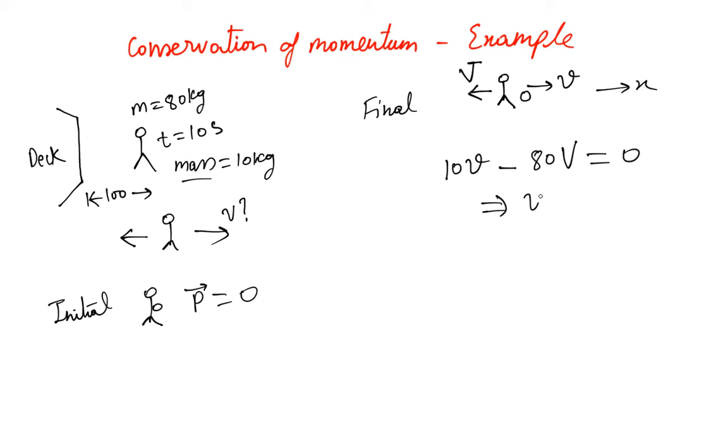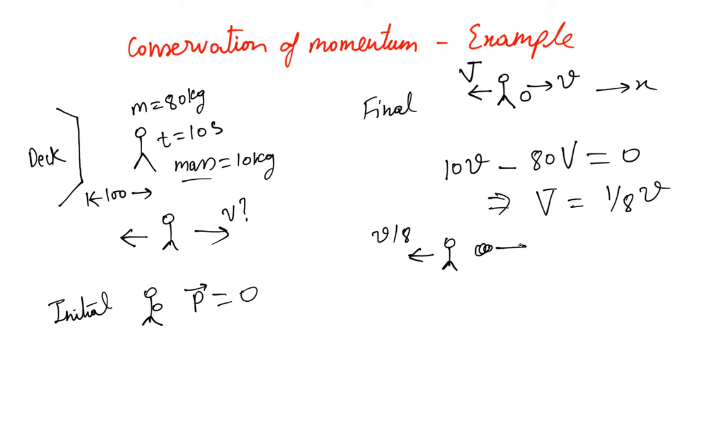That gives us capital V equals 1/8 small v. Okay, alright. So he is moving towards the deck with a velocity v/8.